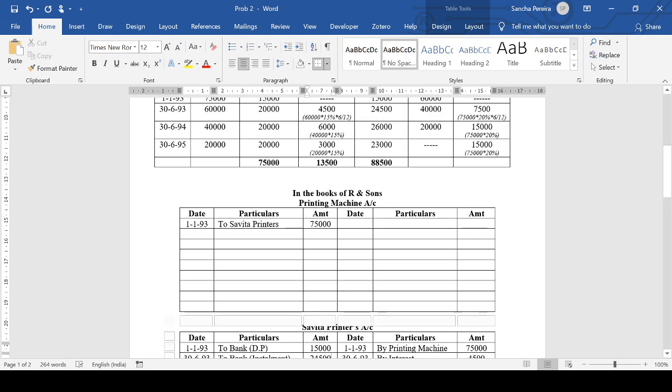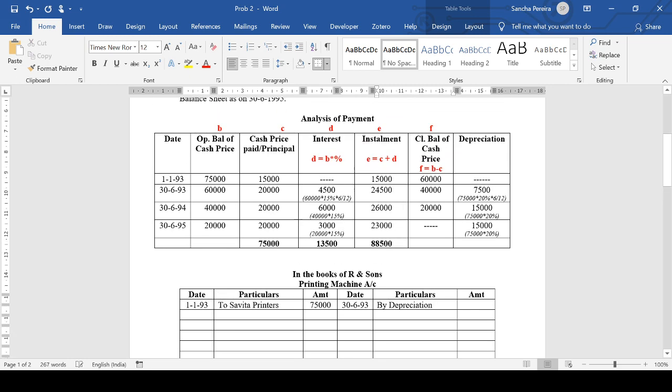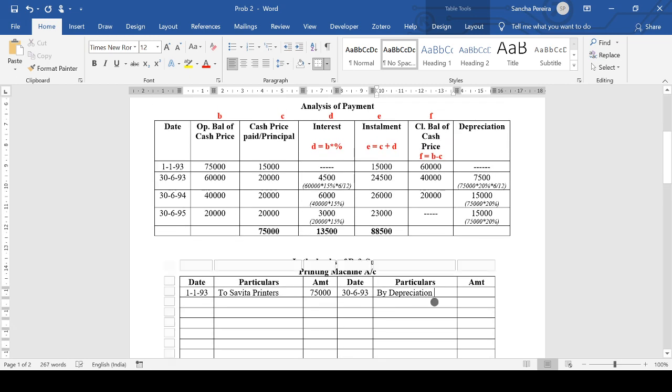So in the printing machine account, you will have it as by depreciation, 30th June 93. We've already calculated the depreciation. It is 7,500.